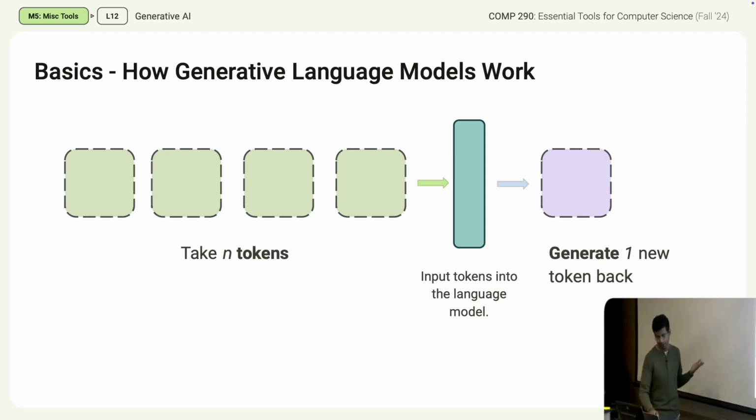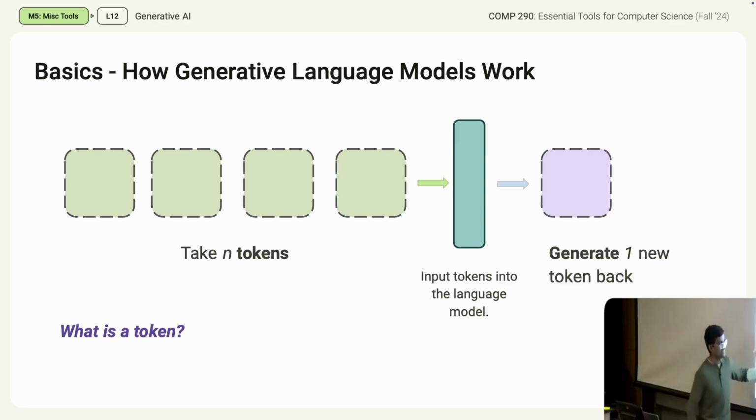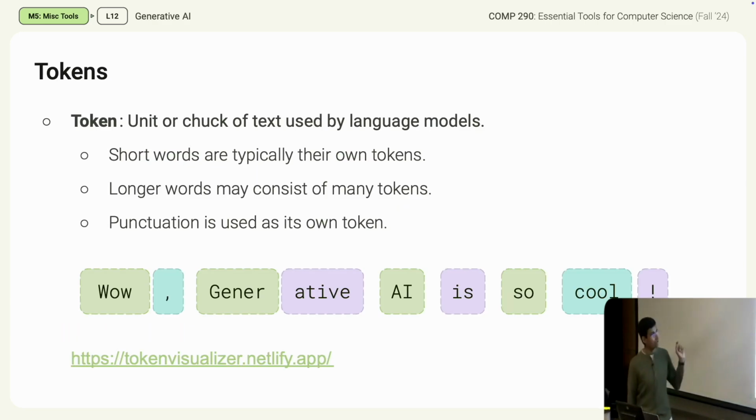Of course, you're wondering, looking at this, what is a token, right? So a token is just a unit or a small chunk of text that is used by a large language model. When you input a sentence or ask a question into GPT, it takes what you write and chunks it up into these different units.